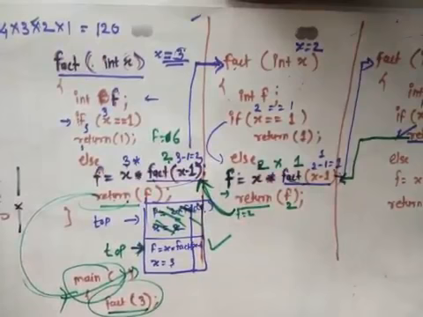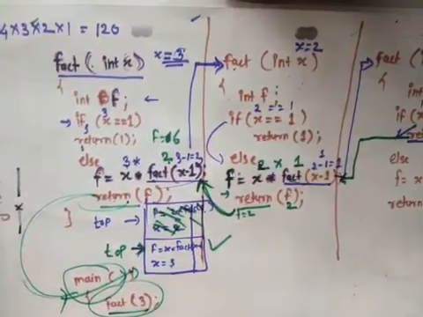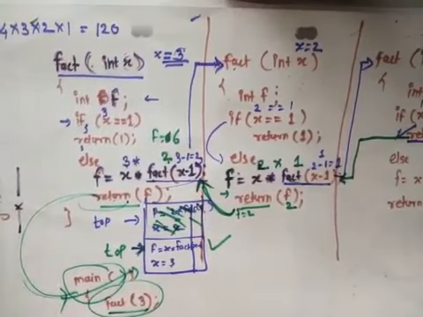So recursion, while performing recursion, meaning performing a function call to itself, that time we are going to use stack indirectly or directly. That is why recursion is one of the applications of stack.